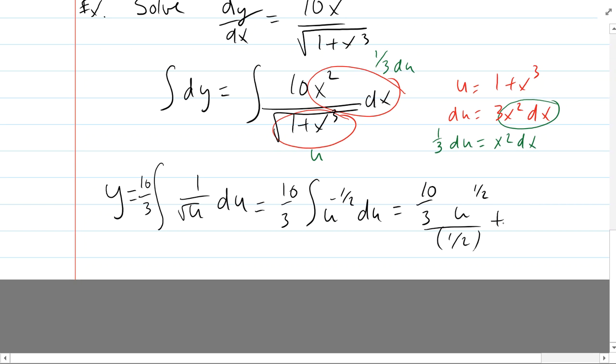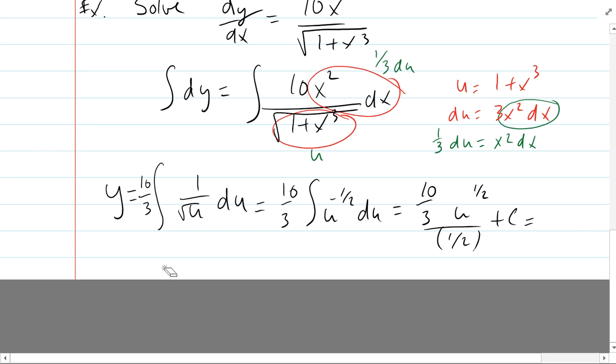So am I going to flip that up? This is plus c, and I'm running out of room, but is this going to equal 20/3 square root of my original?